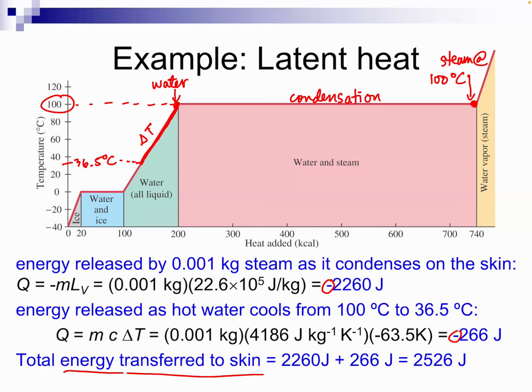That's why steam burn is more dangerous, because the process of phase change, condensation, releases more energy compared to just simply lowering the temperature of hot water to the temperature of skin.